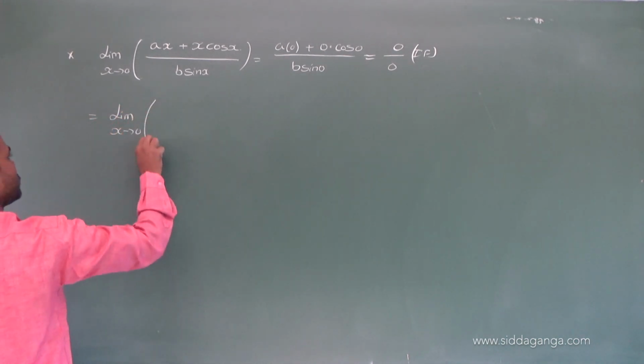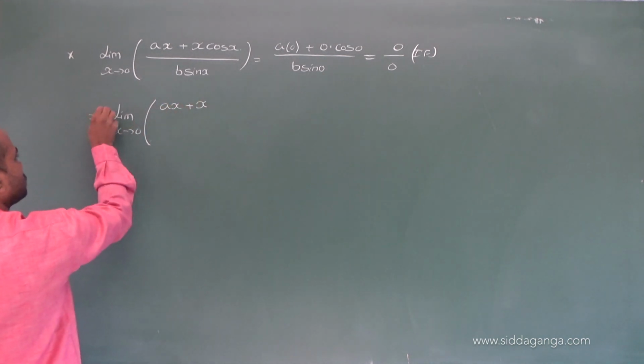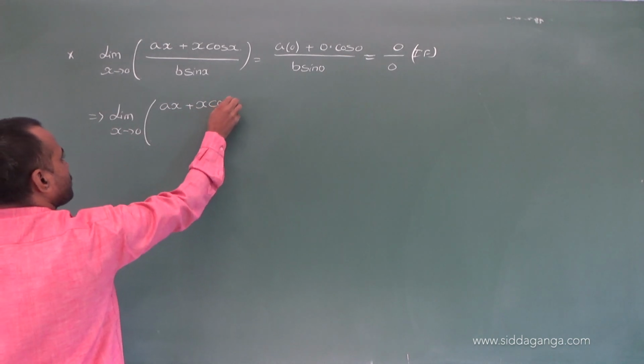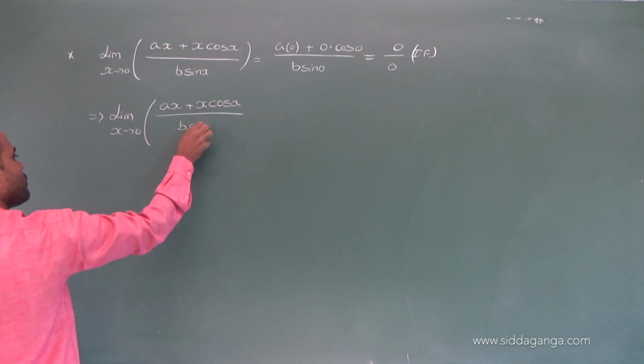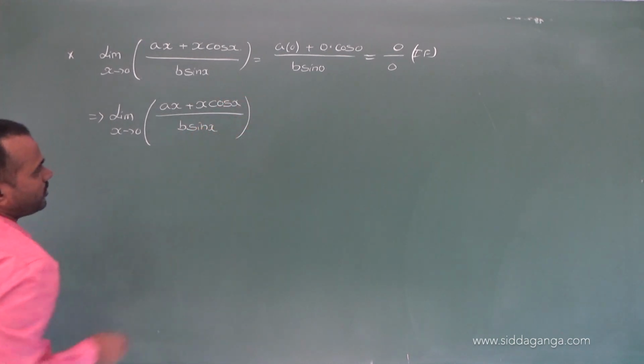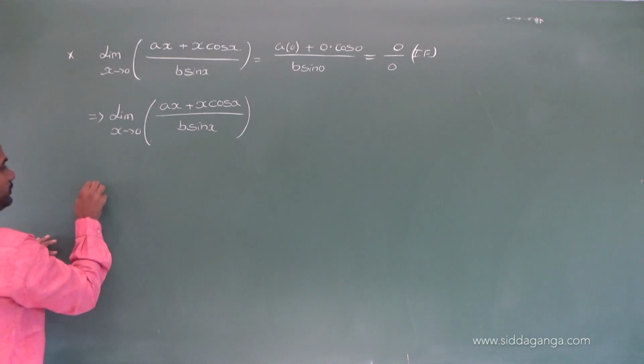Limit x tends to 0. What we do, in the numerator we take x common.